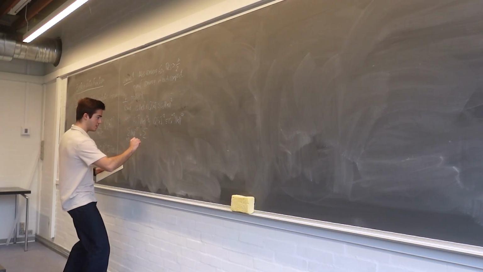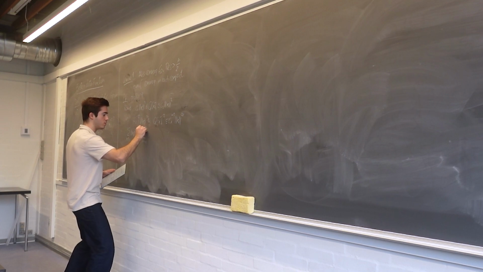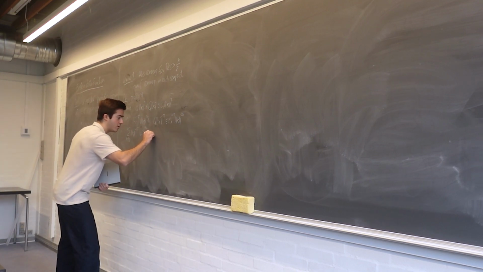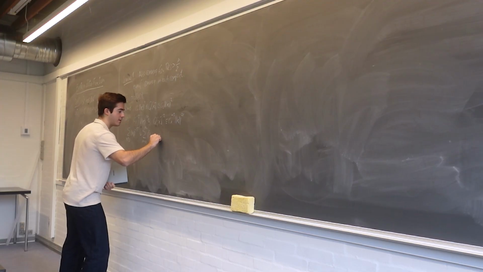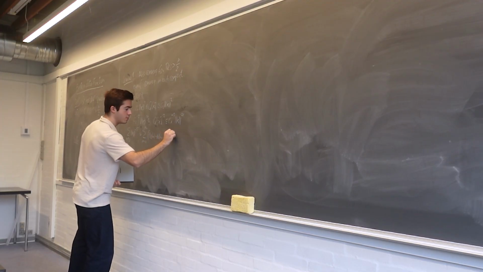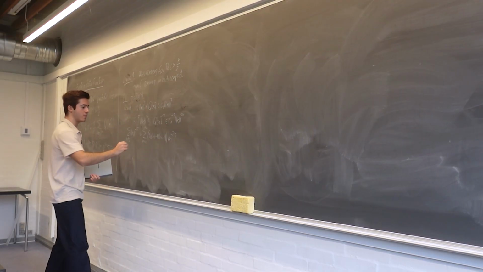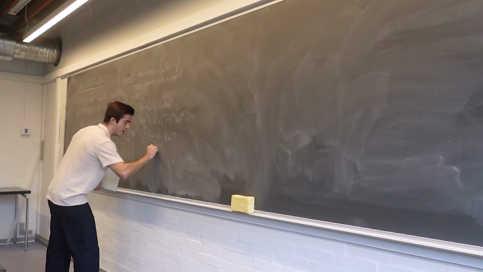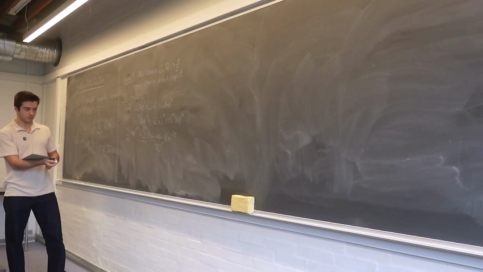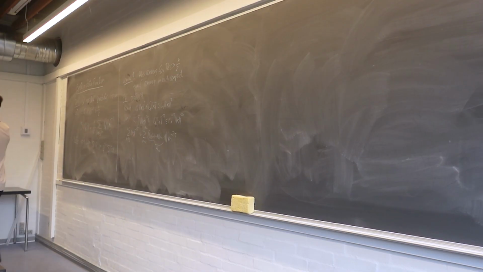So we can write this as the sum from m equals 1 to infinity of N(m) minus N(m minus 1), times m to the minus 2 sigma. I'll call this a_m. Basically, a_m is the number of points in this lattice with radius between m minus 1 and m.